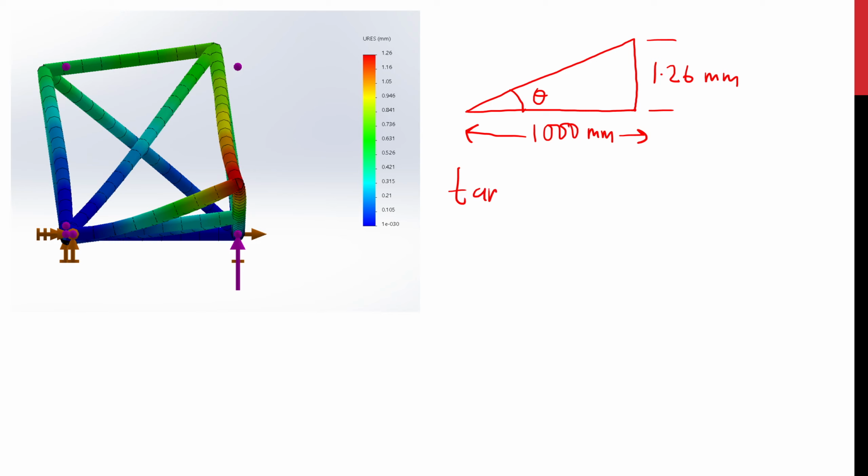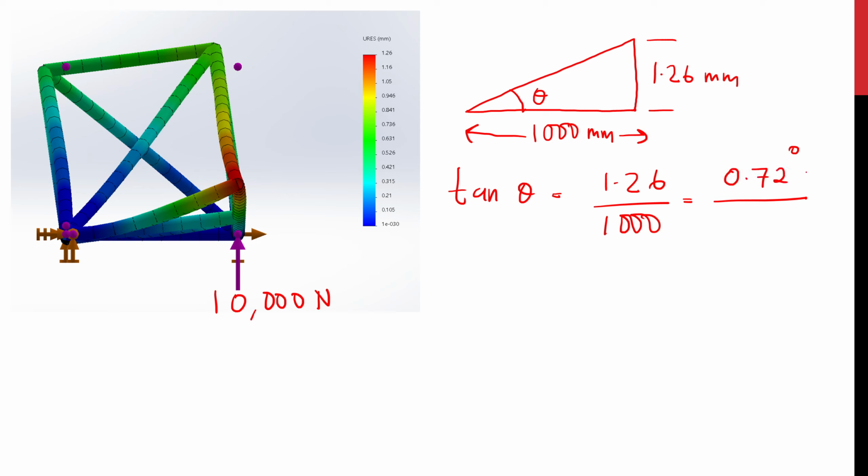So you can use tangent theta equals 1.26 divided by 1000. How many degrees? This load that you give is actually 10,000 Newton. It's gonna be, I'm not sure. 0.72 degrees. 0.72 degrees.